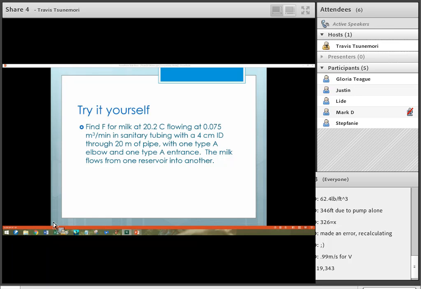Anybody have their little f yet? Loss coefficient? 0.029. Yep.